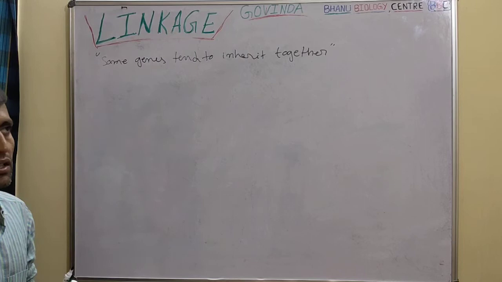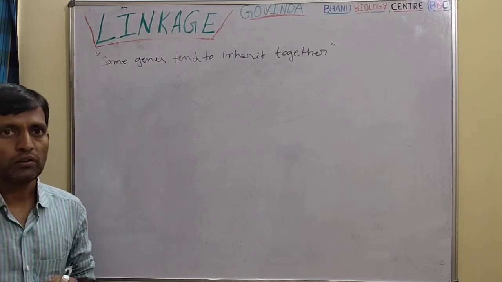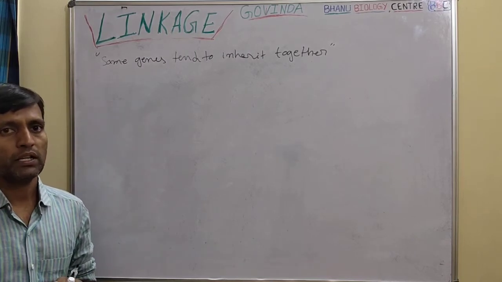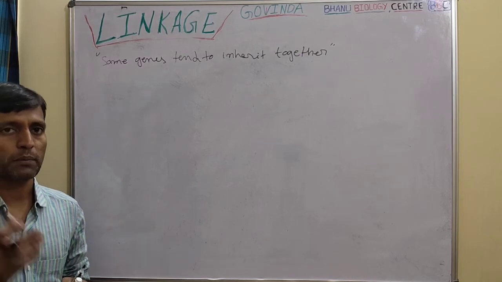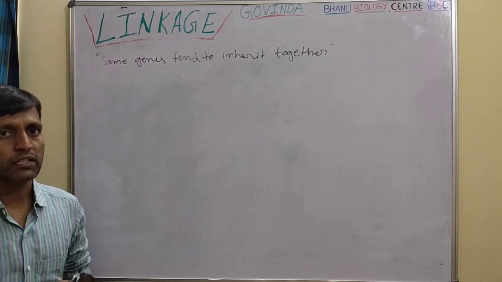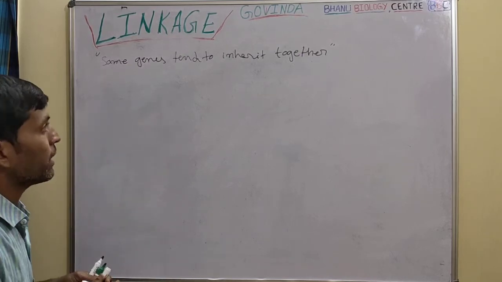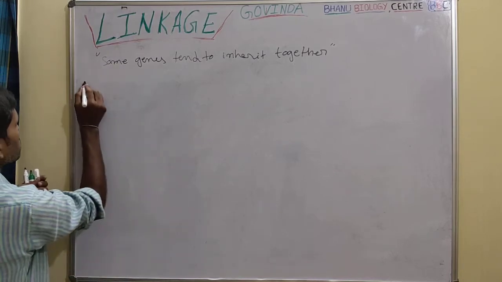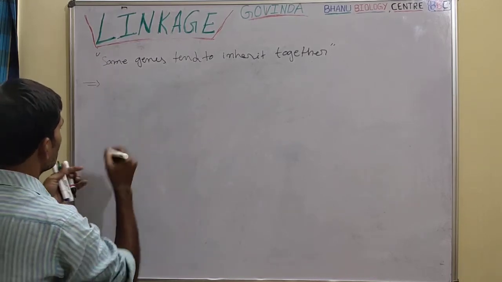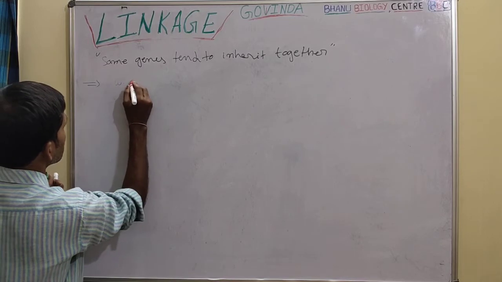So let us talk about T.H. Morgan, who proposed experimental genetics. So it is necessary to have basic knowledge of linkage. For the first time, two scientists, viz.